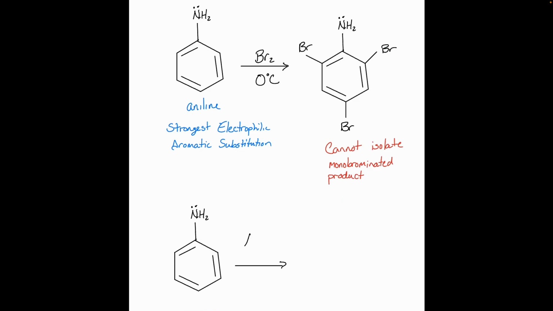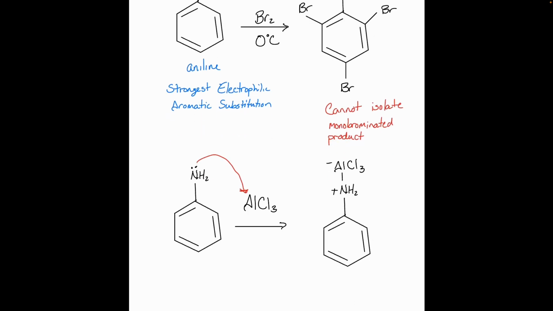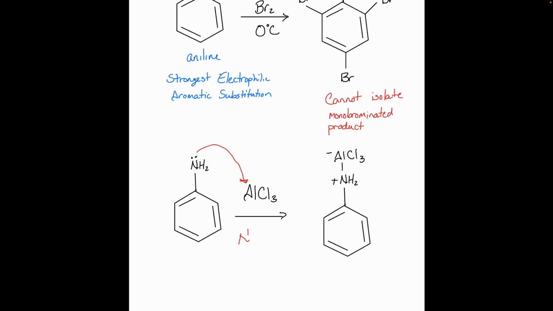The problem is that aluminum chloride catalyst will also accept that pair of electrons, and you just get this aniline salt. It forms a complex with that aluminum chloride. So no Friedel-Crafts reactions.